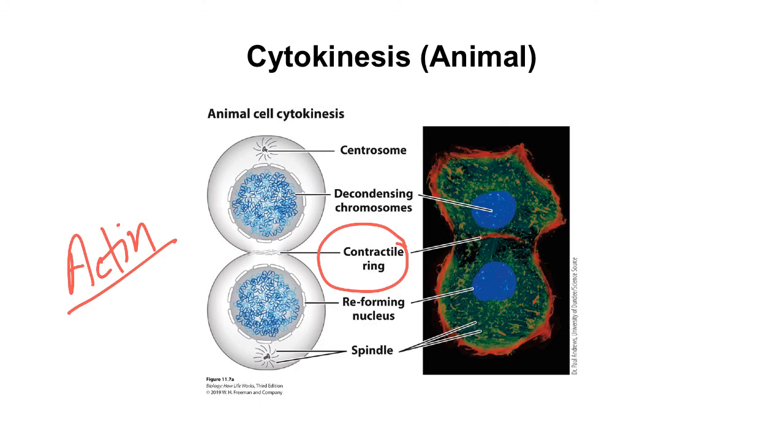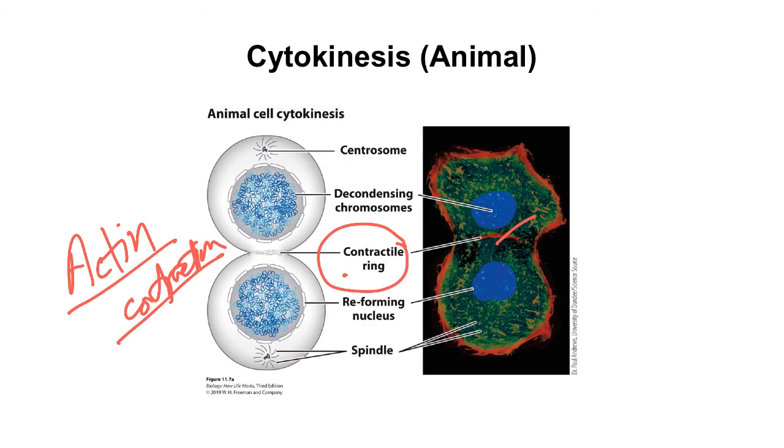This contractile ring forms against the inner face of the cell membrane at the equator of the cell, as shown here in this image, perpendicular to the axis of what was formerly the spindle. Now this ring contracts, very reminiscent of what happens with actin in muscle cells.